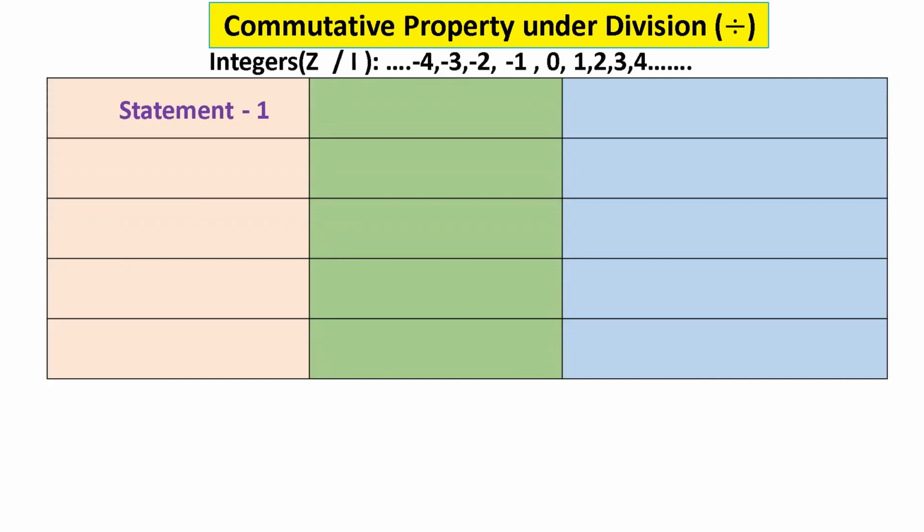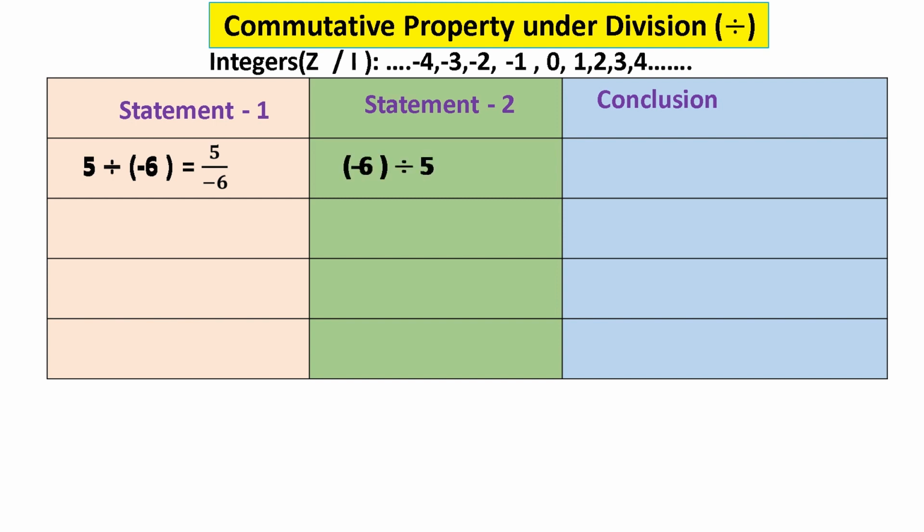Now commutative property under division. Statement 1, statement 2, conclusion. Now 5 divided by minus 6, we get 5 by minus 6. And minus 6 divided by plus 5, we get minus 6 by 5. So these are not equal. Some students are confused here.